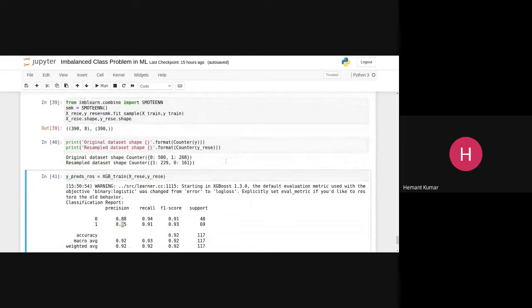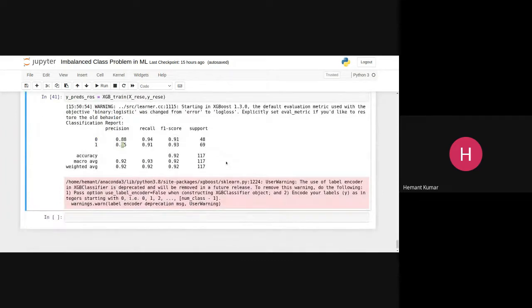So in that case these hybrid approaches improve our models. Okay, so this is the approach before the modeling.